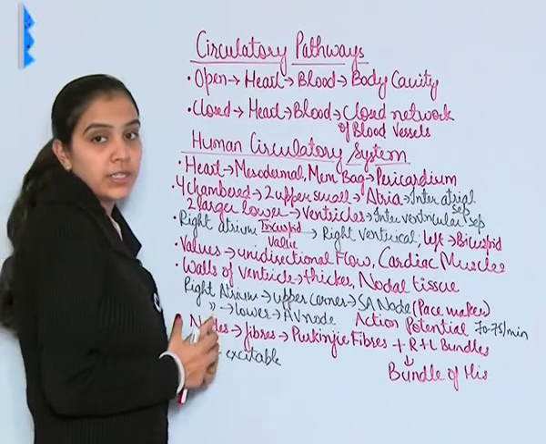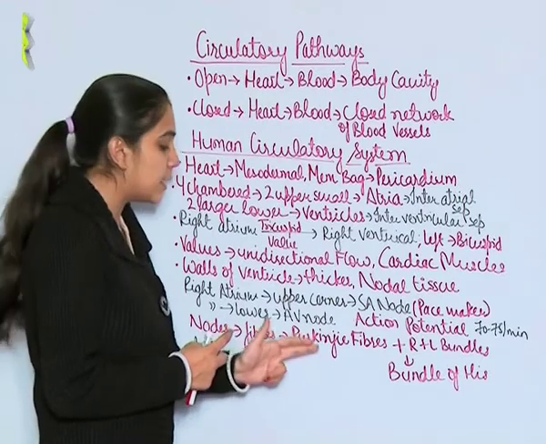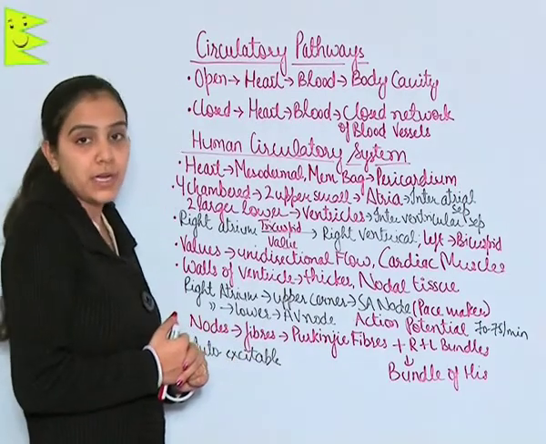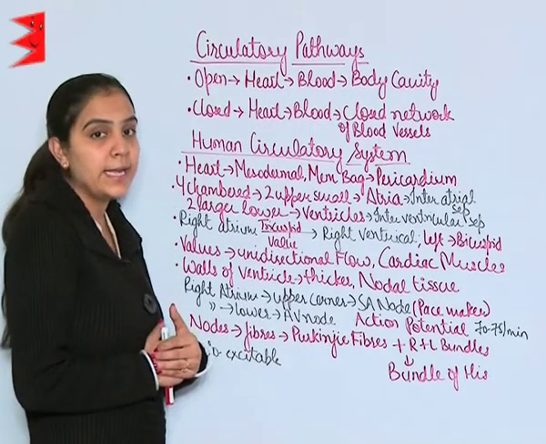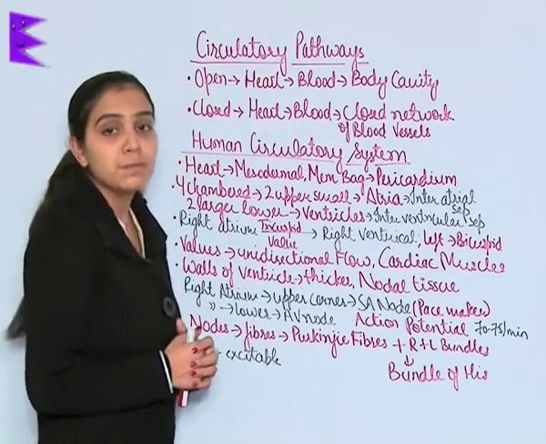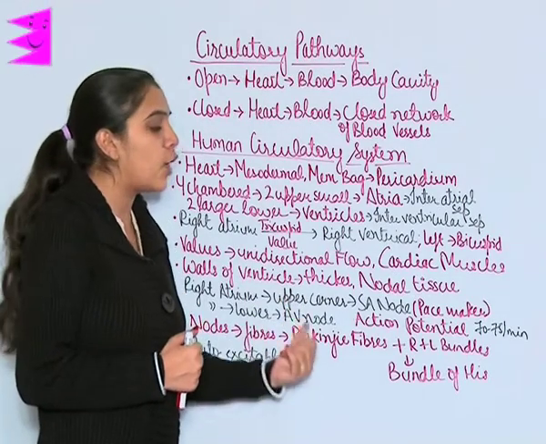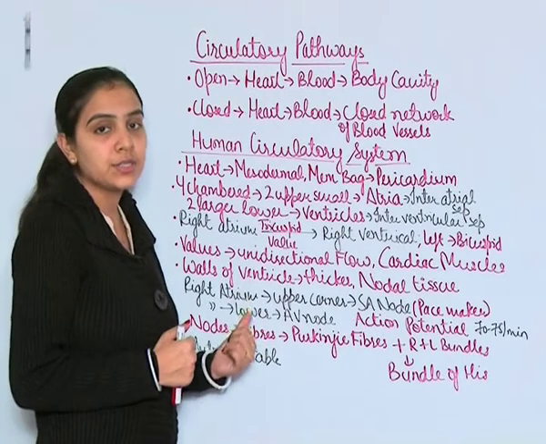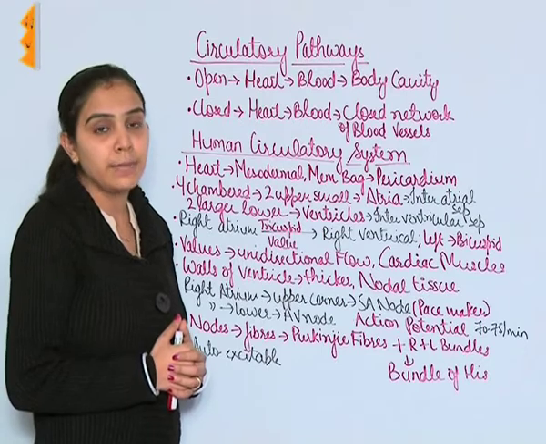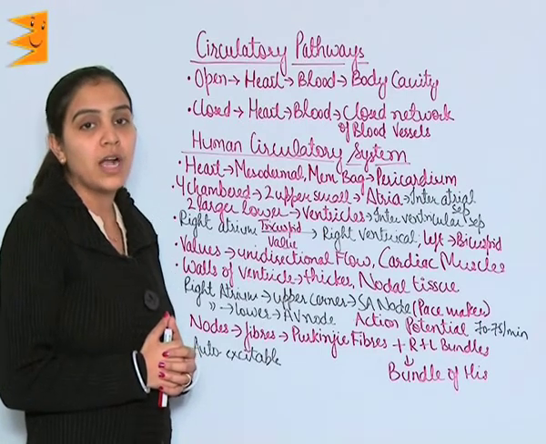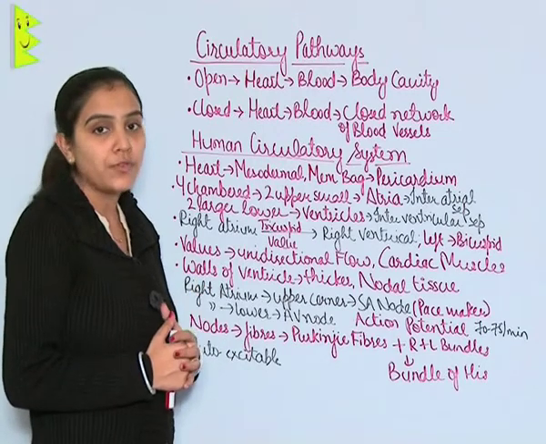Nodes are further divided into fibers, and this network of fibers leads to the formation of Purkinje fibers. These Purkinje fibers with right and left bundles form the bundle of His, and the special property of these bundles and tissues is that they are auto-excitable, thus helping in maintaining the rhythm of the cardiac cycle and helping in contraction of the heart.